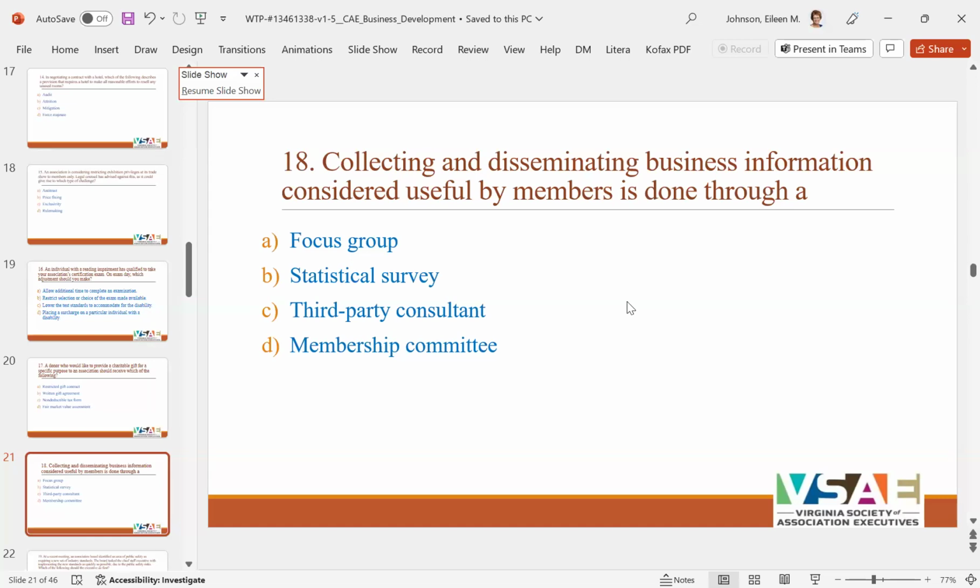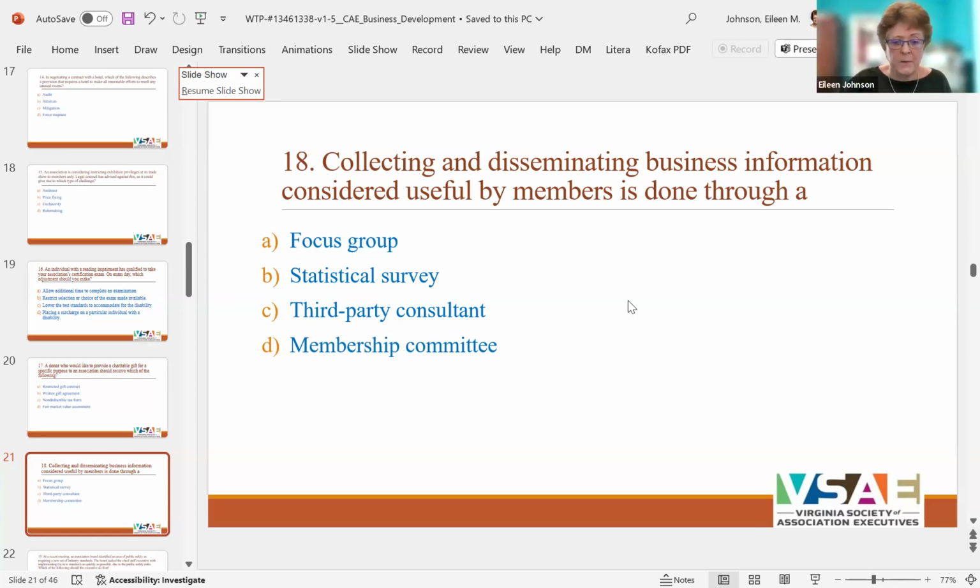A focus group is more like gathering members' opinions, or your constituents' opinions, so again, I wouldn't pick that one. Statistical survey, again, that feels like collecting information, but maybe not disseminating it. Collecting and disseminating. So, a third-party consultant or membership committee. Again, just blind guessing. I'm gonna go with membership committee, question mark.